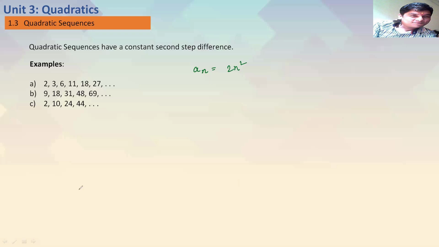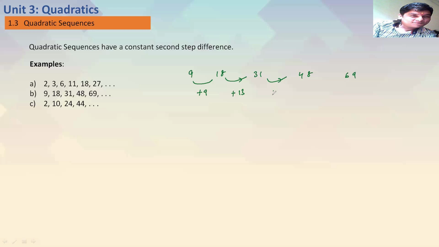Let me just try it once for you, Christian. Let's just revise the thing. We have the sequence 9, 18, 31, 48, 69. The first step difference is plus 9, then 13, 17, and 21.